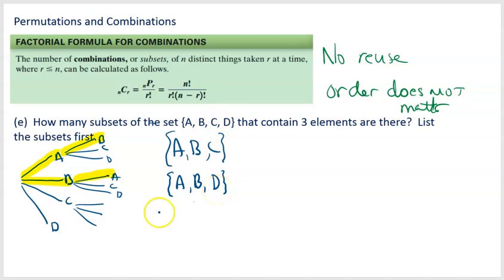Now let's throw out all the A and B together, and now let's work with A and C together. So if A and C is together, you've already got A, B, C, so we're not doing that. You could have A, C, D, and then we're done with that list. And now, how about B, C, D? Now again, we're not doing C, B, A.